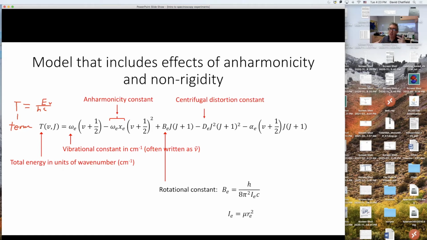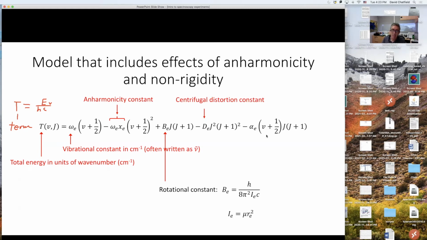The moment of inertia essentially increases, and this changes the energy. It actually decreases the energy. So we have a constant, De. We let that be positive, but there is a negative sign here, and this is times J squared, (J plus 1) squared.